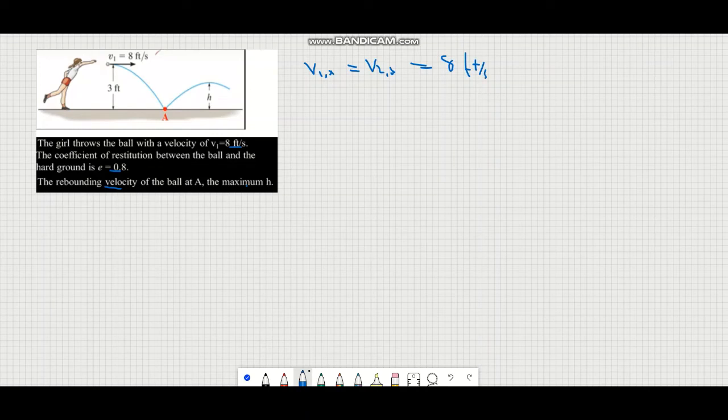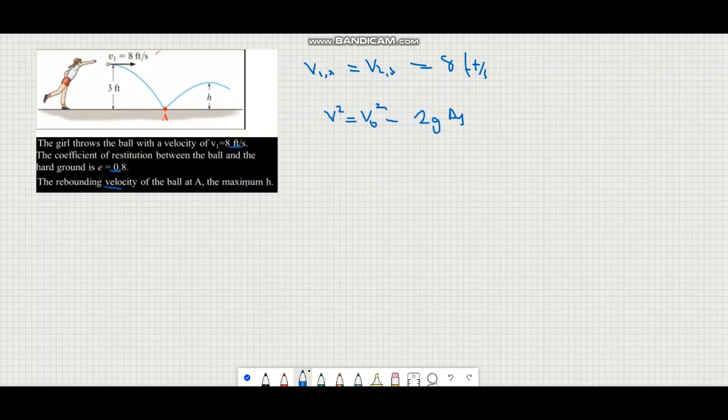Only difference is in y direction because it hits and rebounds. How much is the velocity when it lands here? We will need to do the free fall because at the top there is no y velocity. Let's write it down: final velocity squared is gonna be equal to initial velocity squared minus 2g delta y.